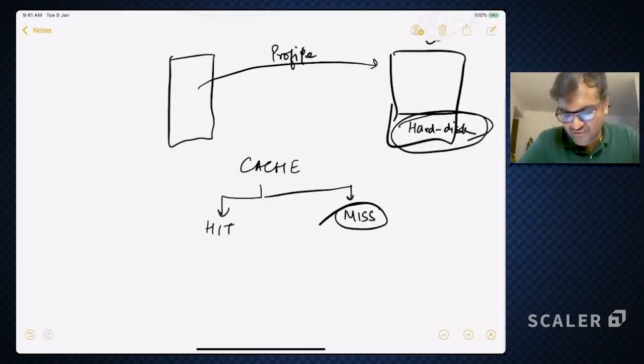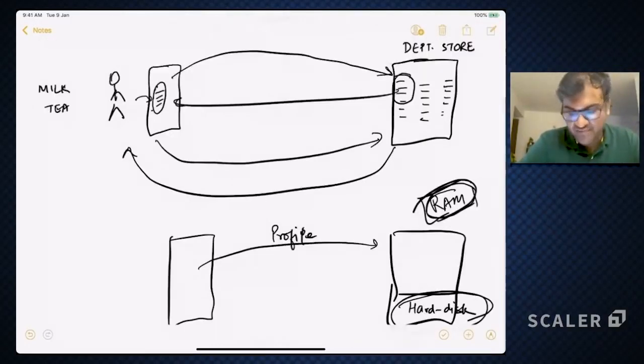In the context of the departmental store and milk tea example, let's say that you want your milk tea to always use the latest milk that is present in the department store. How do you validate that the milk that you have in the fridge as of now is exactly the same milk that is present in the department store?